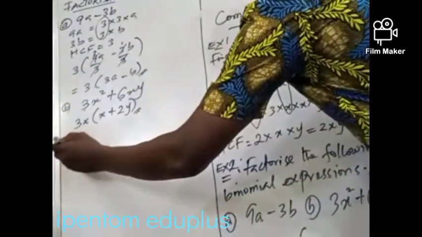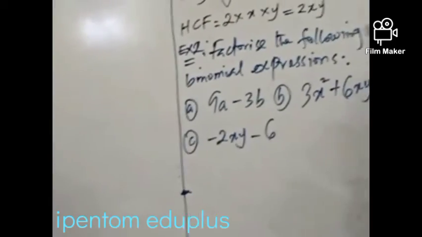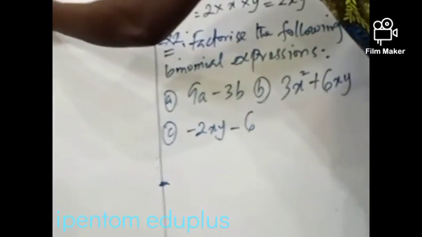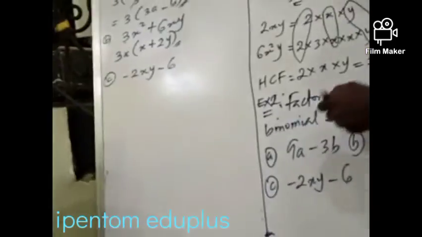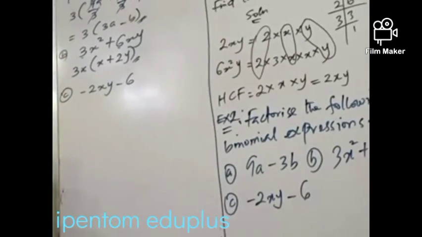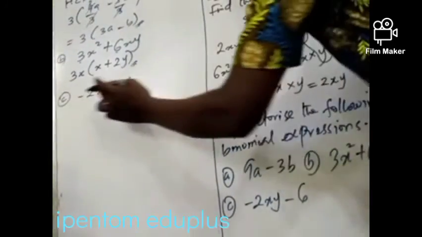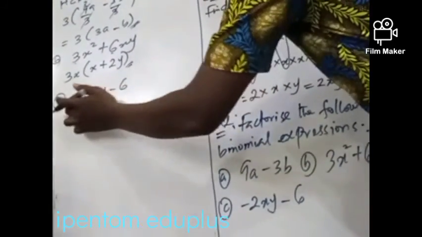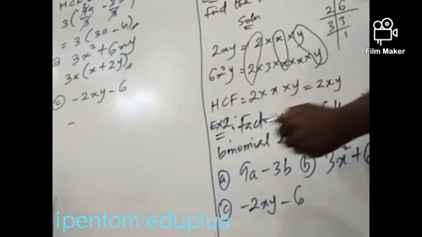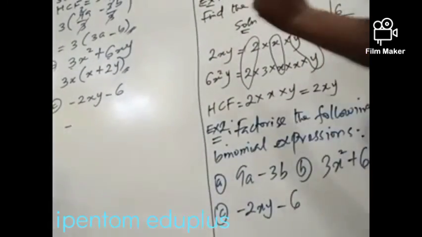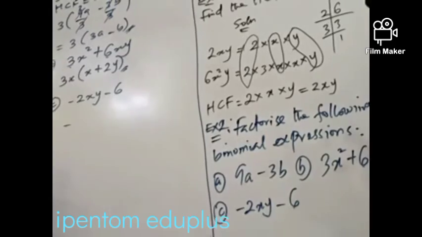The third example, we have minus 2xy minus 6. Then how do we factorize it? It's not difficult. Look at it, you see that minus is common. You bring out the minus, which is the common factor. Moreover, it's not only when minus is common.